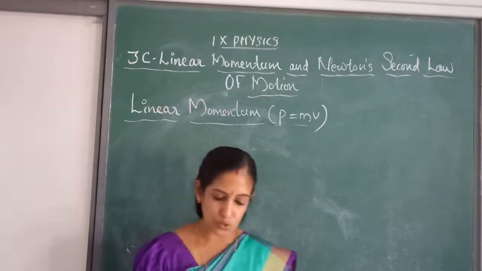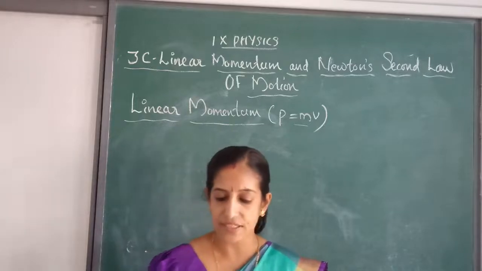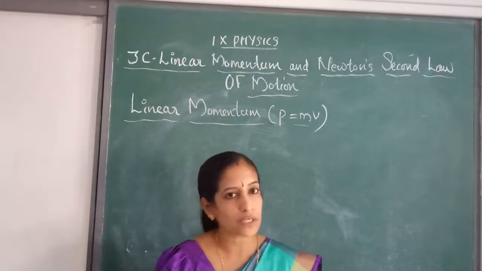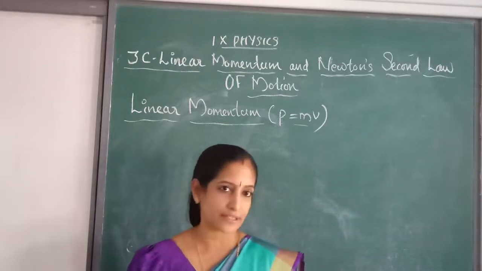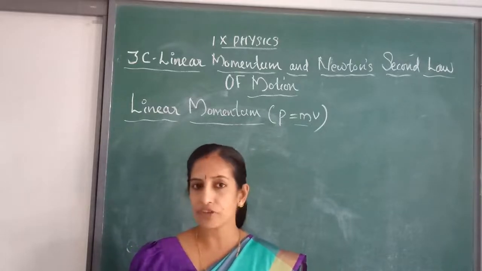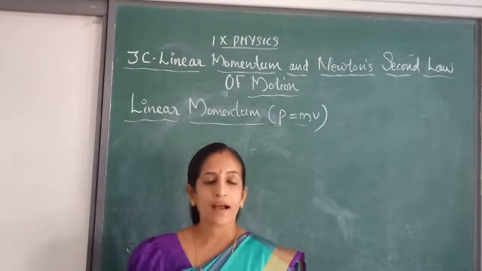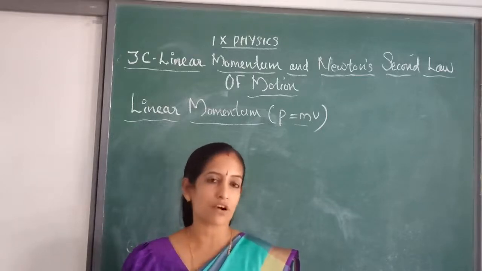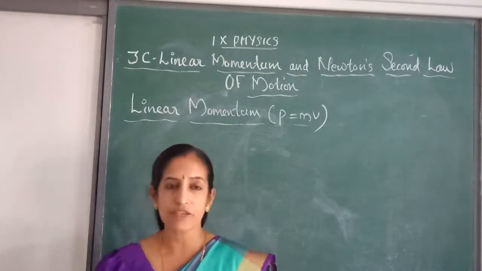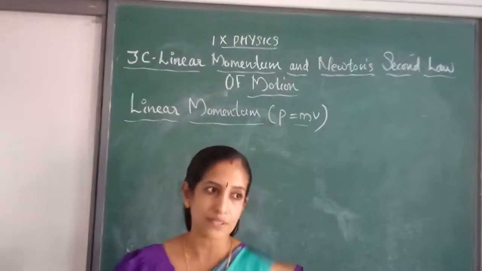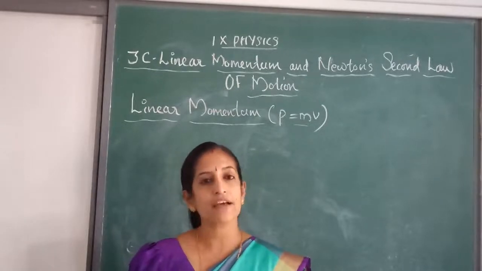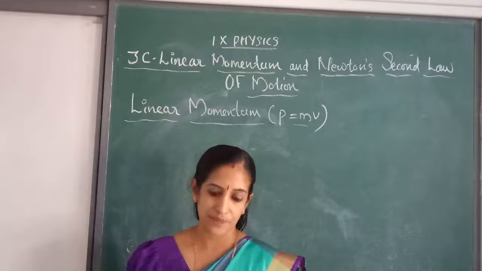So from these two we can understand that the force needed to stop a moving object depends on two factors. In the first example, the mass of the object was what mattered, and in the second example, the velocity of the object mattered. So we conclude that the force required for stopping a moving object depends on two factors, that is the mass of the object and the velocity of the object.